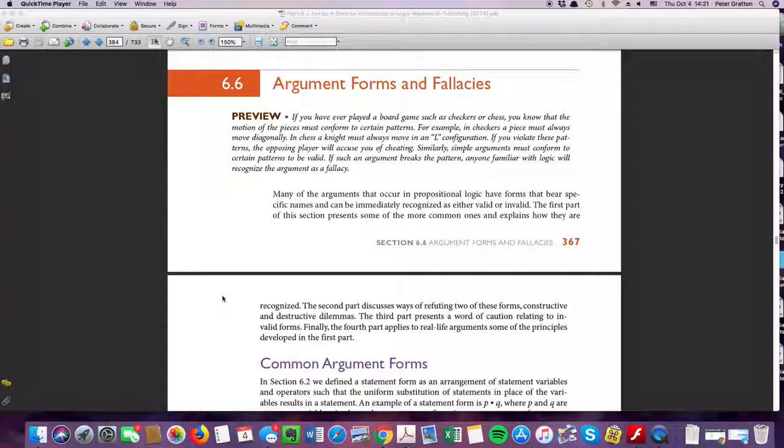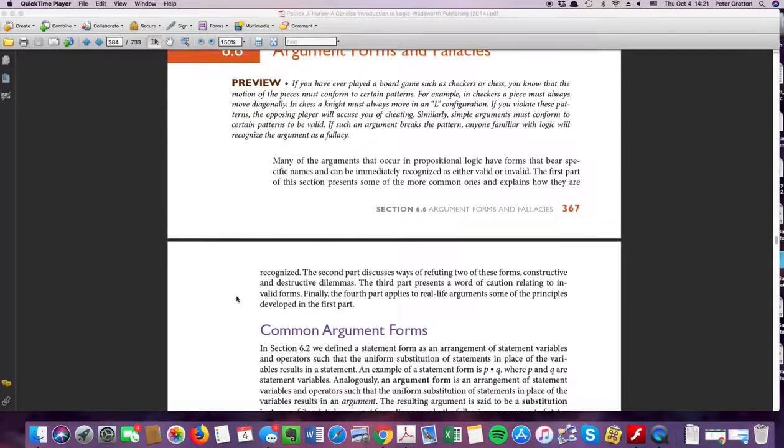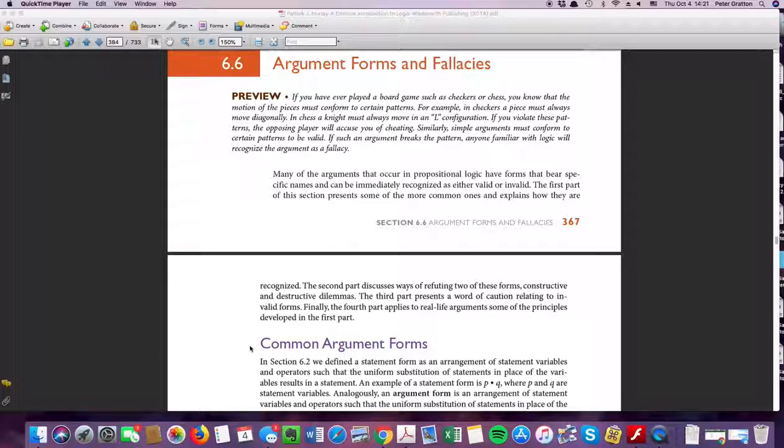There is a proper way of reasoning, and that proper way of reasoning is called logic. There are certain forms of arguing that are valid, and certain forms that are invalid. And we're going to be looking here in chapter 6.6 at the forms that are valid and the fallacies that you can recognize right away as invalid.